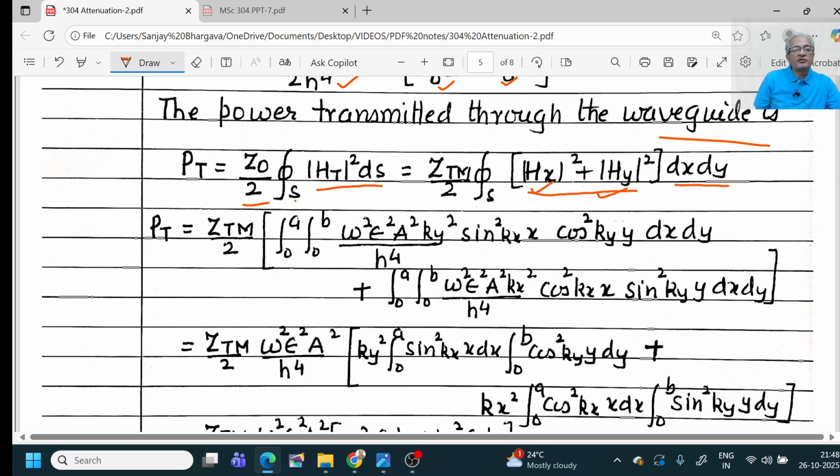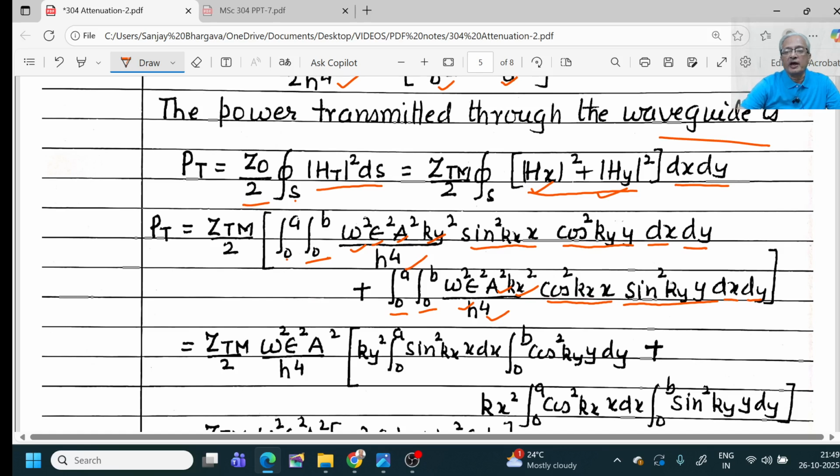Integration for x extends from 0 to a and for y it extends from 0 to b. Omega square epsilon square a square ky square upon h power 4 sin square kx x cos square ky y dx dy. Similarly, integration extending from 0 to a, 0 to b, omega square epsilon square a square kx square upon h power 4 cos square kx x sin square ky y dy dx.